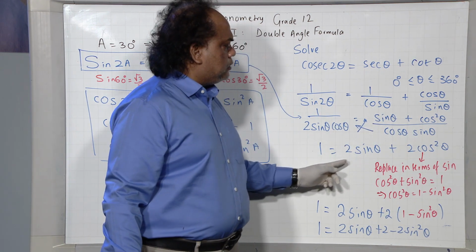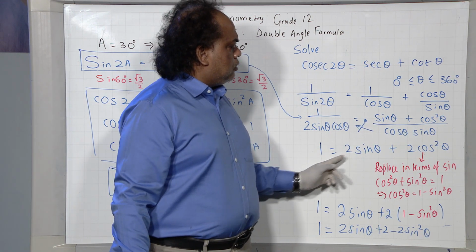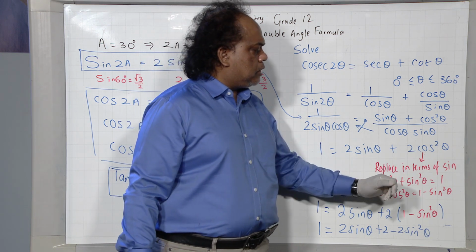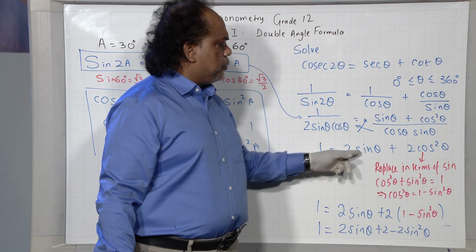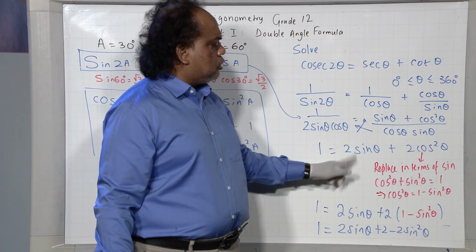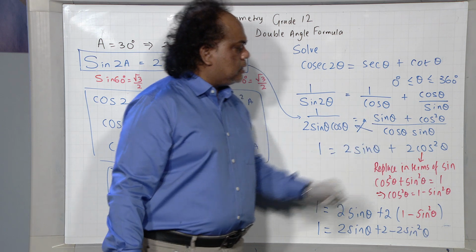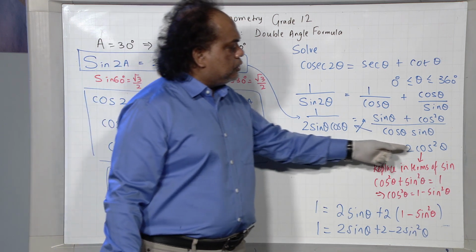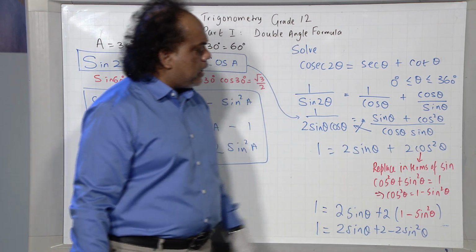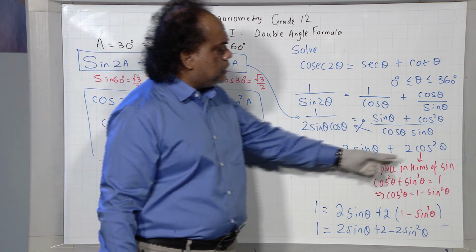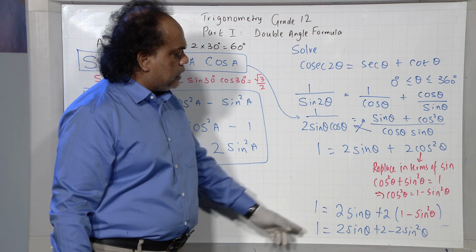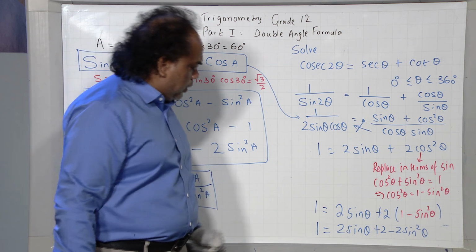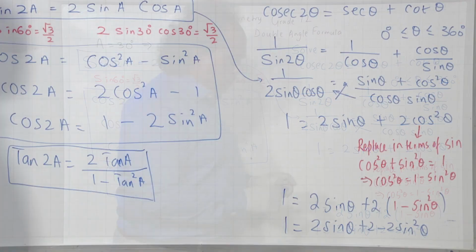We simplified to obtain 1 equal to 2 sine theta plus 2 cos squared theta. We cannot solve an equation like that directly, so we either have to write the sine in terms of cos or the cos squared in terms of sine. Which is easier? Writing the cos squared in terms of sine. So we decided to replace cos squared by 1 minus sine squared, and we simplified. We will now solve this quadratic equation.